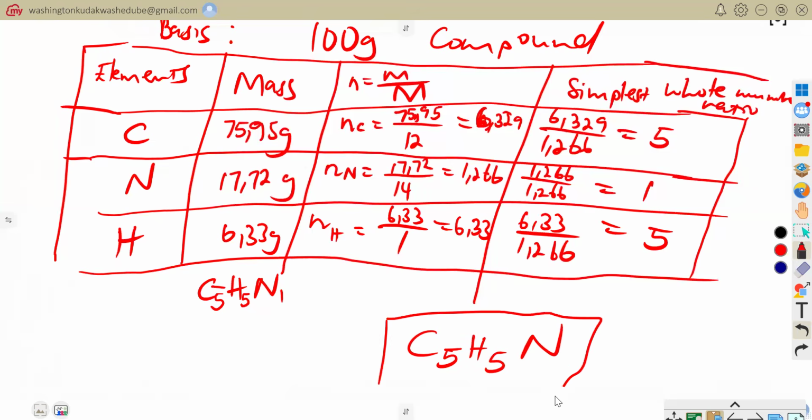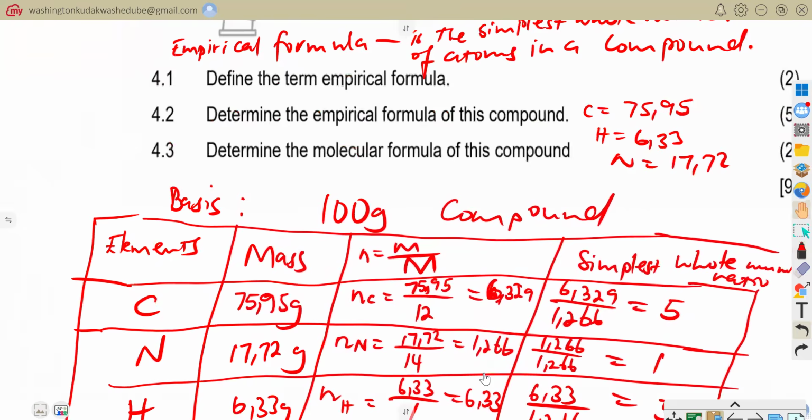At some point, you need to know how you arrange these atoms in a compound. Usually it's in a form of carbon, hydrogen, and another atom. Now let's go to the above question and see what they wanted us to find there.